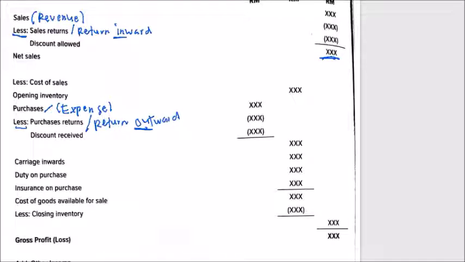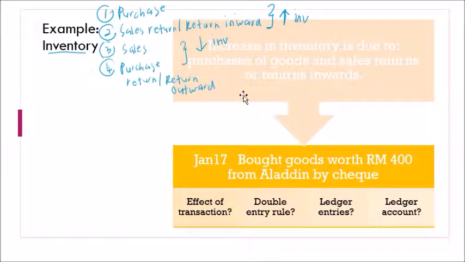That's why it returns outward. Okay, so please try to remember this, because remember its position, because this is important, so you won't gain a different total. Okay, so let us look back to the slide. So let us look at the example.